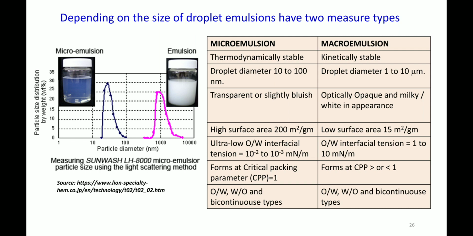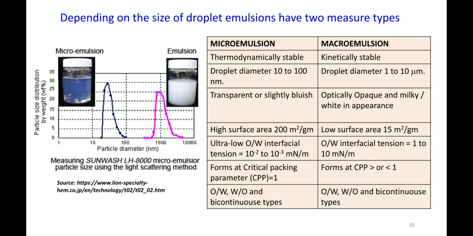This is very useful to understand the micro emulsion, and you can get more information about this product from the given reference source. Lion is a special Japanese company, and basically they are doing this kind of work. As you can see, they have also given a photo of the micro emulsion, and as I said, it is transparent and slightly bluish.